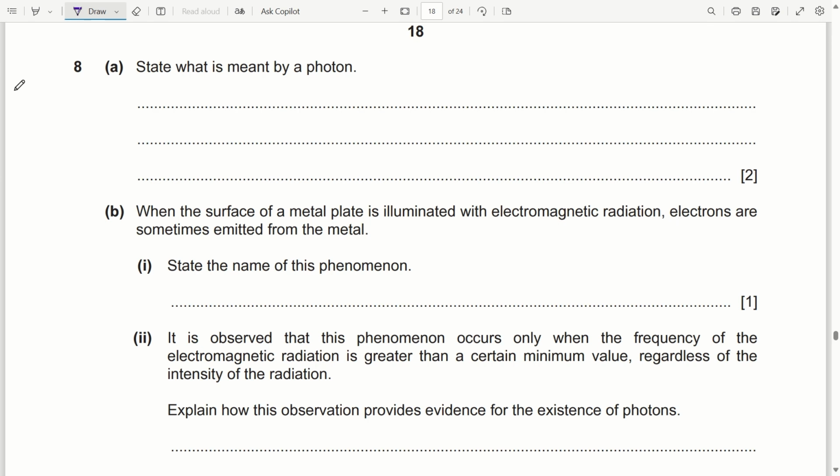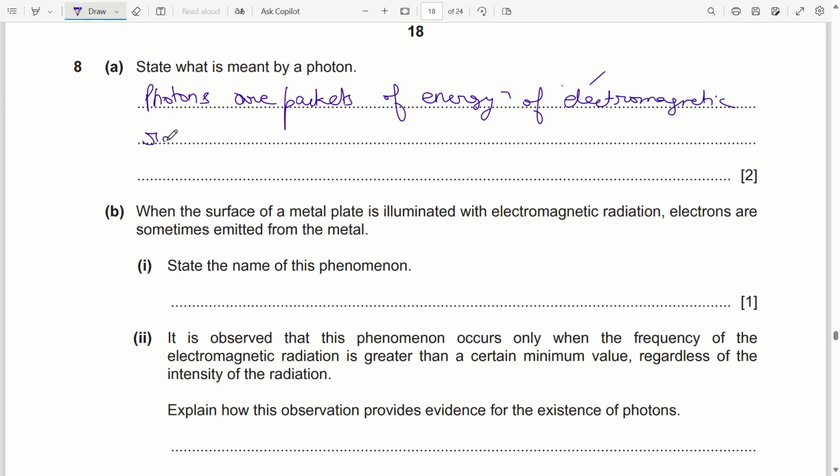So photons are packets of energy of electromagnetic radiation.